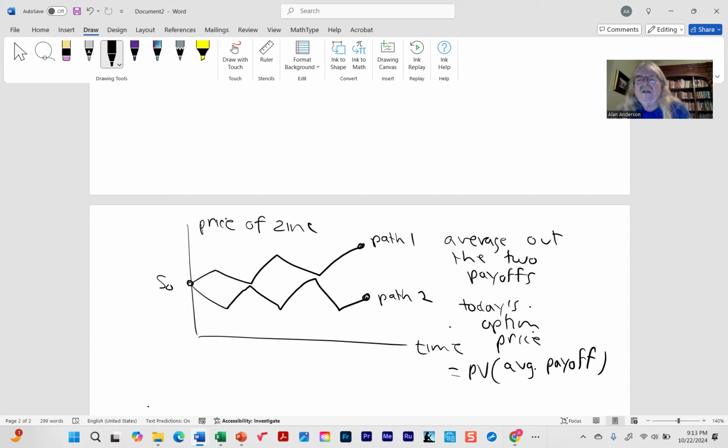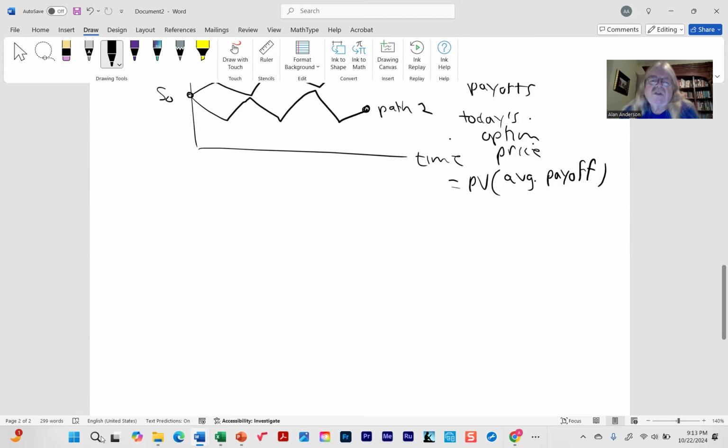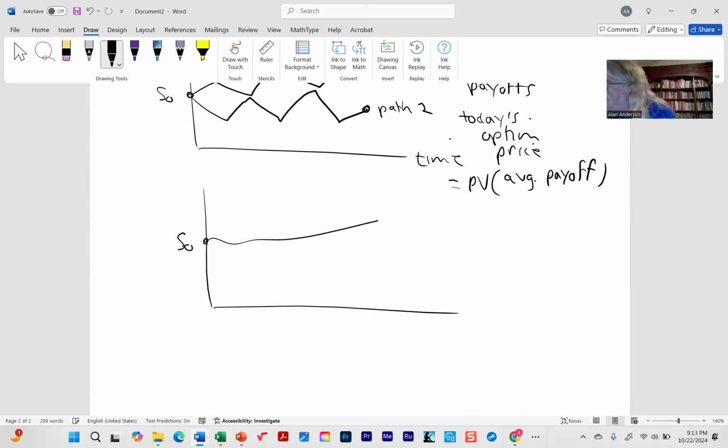Now, again, it's going to be hard to have a lot of confidence in a simulation that has two paths. What we're trying to do with these paths is basically create a probability distribution for the future value of this zinc. So we're going to keep increasing the number of paths. Before you know it, you've got all these paths going along here.